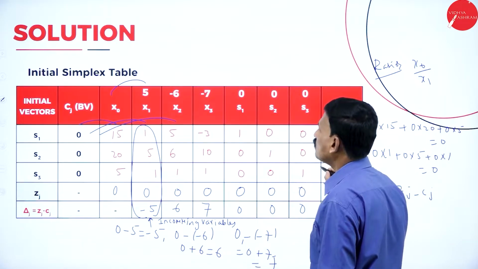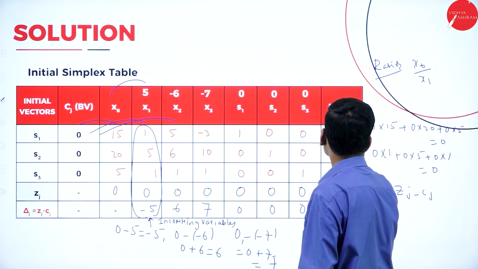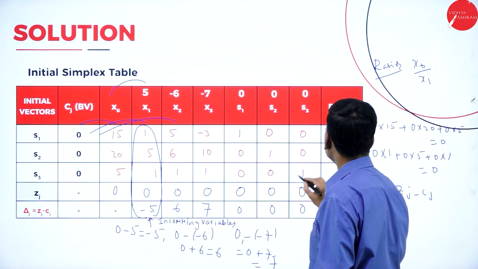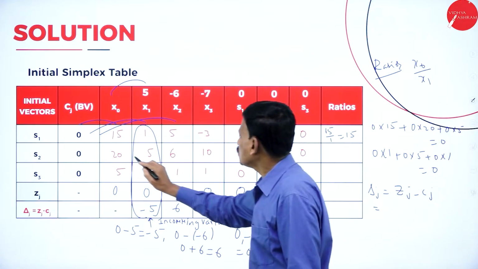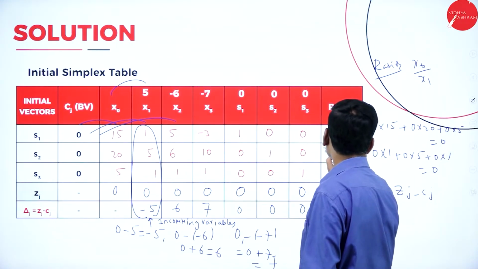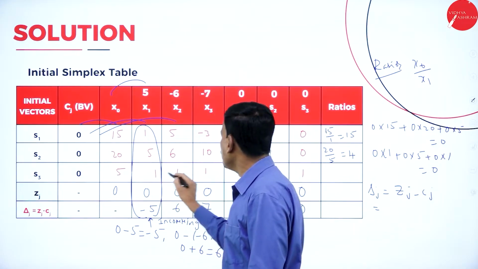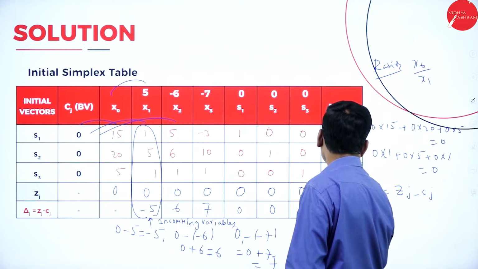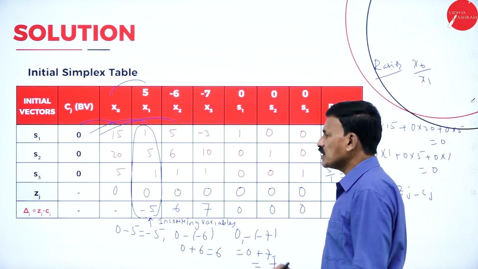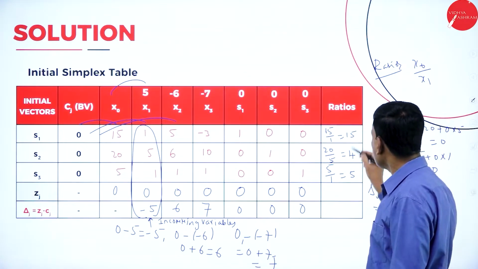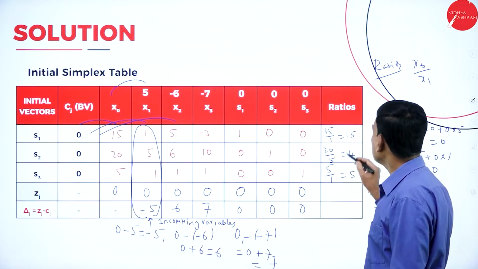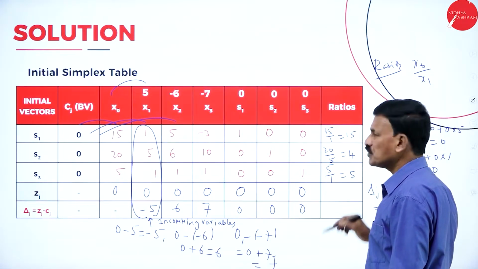That is 15 by 1 is equal to 15. Next 20 divided by 5, 20 by 5 is 4. Again 5 divided by 1 is equal to 5. So in the last column we are getting ratios as 15, 4 and 5.